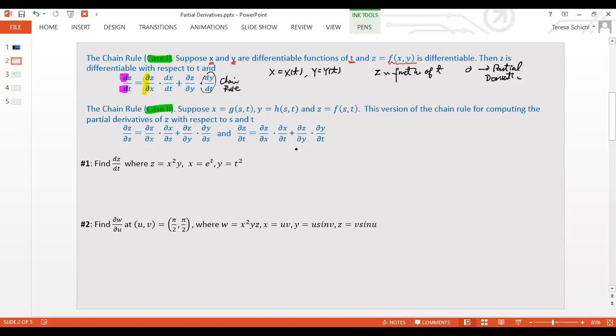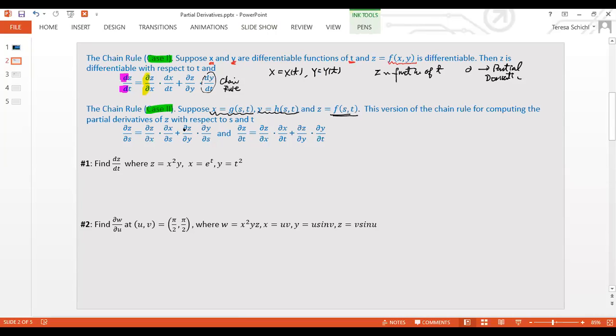Now let's look at case number 2. Instead of x being a function of t, x is a function of the two variables s and t, and y is also a function of s and t. When you substitute into z equal to f of x, y, z is a function of two variables.